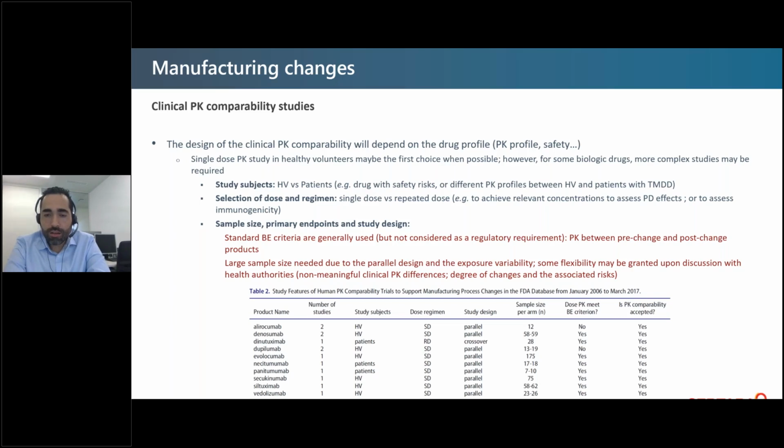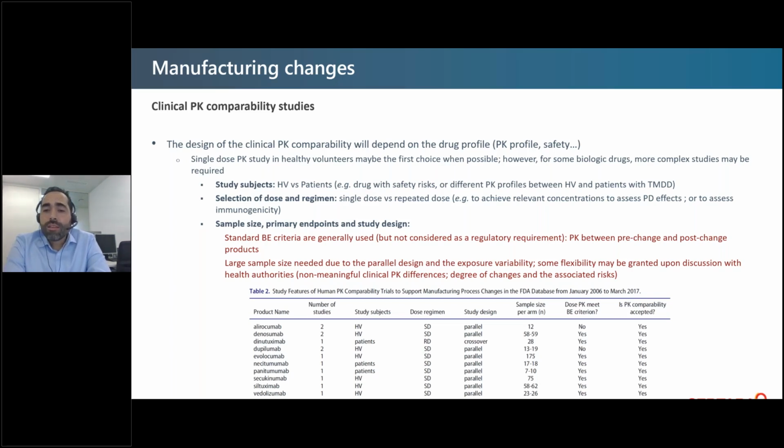When you look at the column of the sample size, you can see that there is some variability. This will depend on the objective of the study, but generally we have a relatively large number of subjects. Here we are ranging from 7 subjects per arm to 175 per arm, which is quite a significant number.